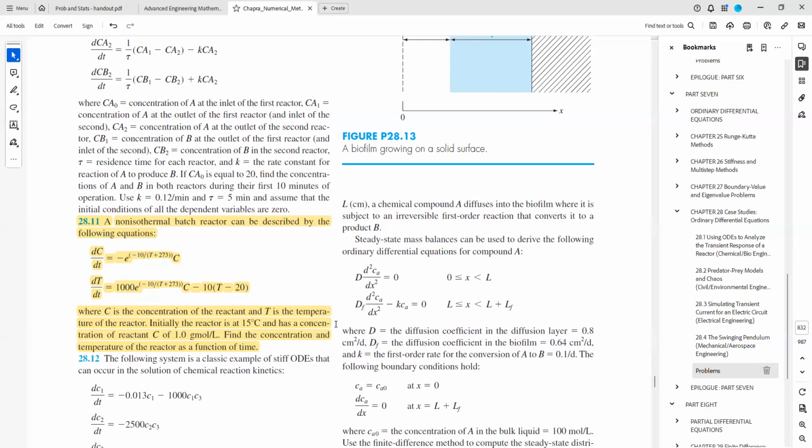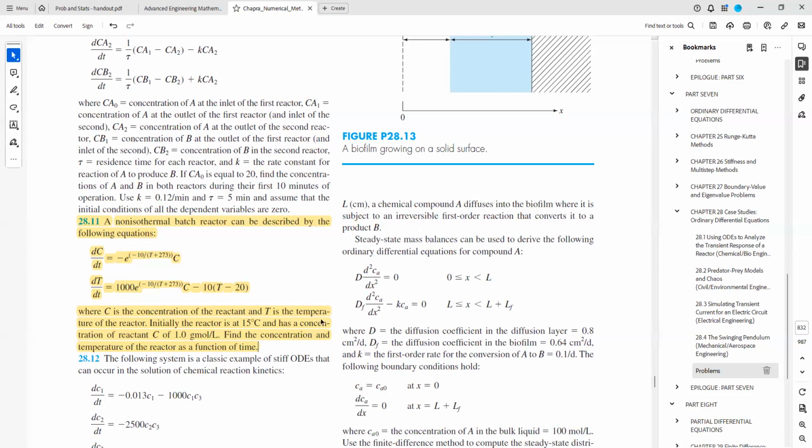So you have 1000 e to the power of minus 10 divided by t plus 273 multiplied by C minus 10 times t minus 20.